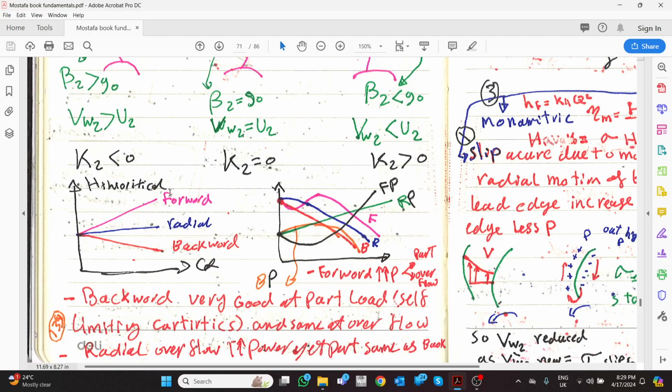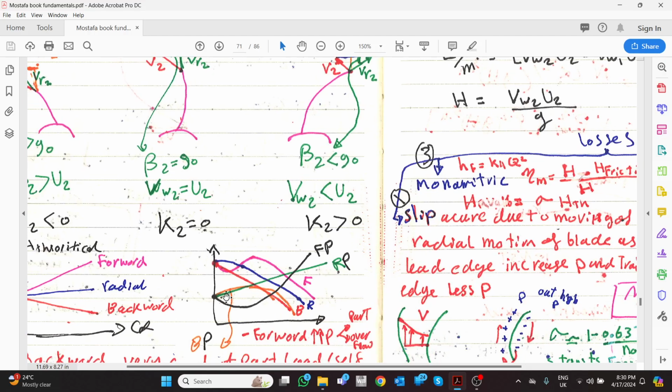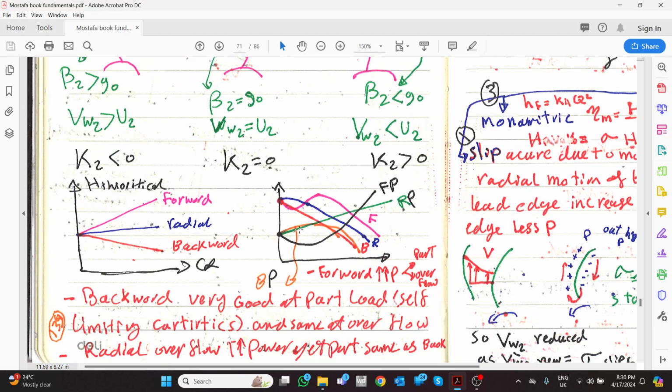So the forward curve will be like this, and the backward curve will be like this, which means that in backward, increasing the flow will decrease the head, and here increasing the flow will increase the head. If you combine all of this to get the actual curve, you will find that the radial goes like this. Forward curve, it makes like this.